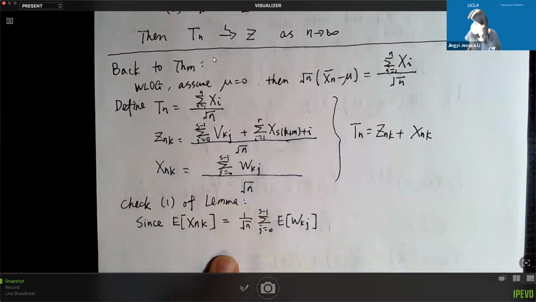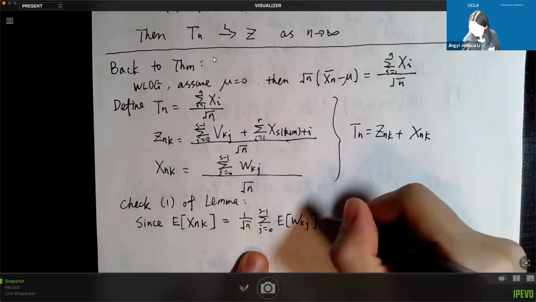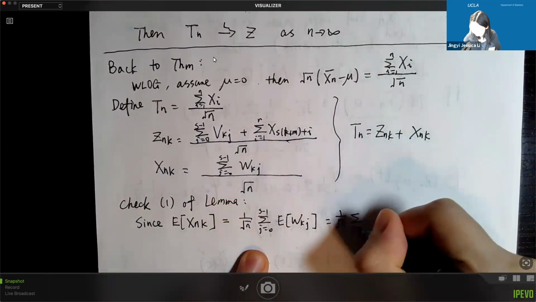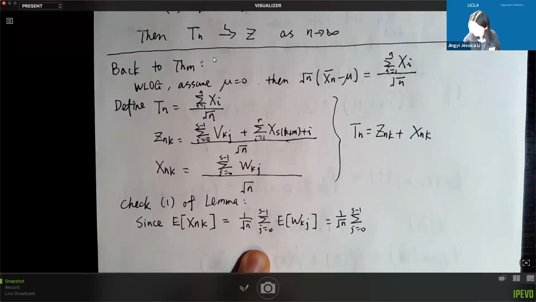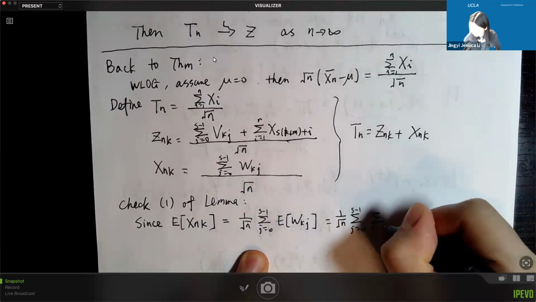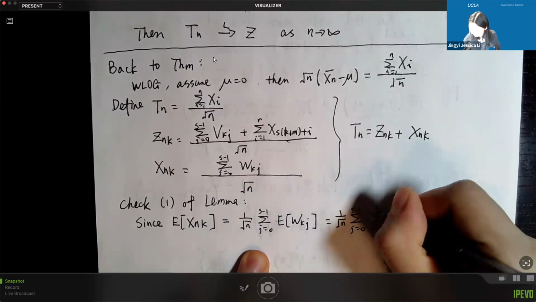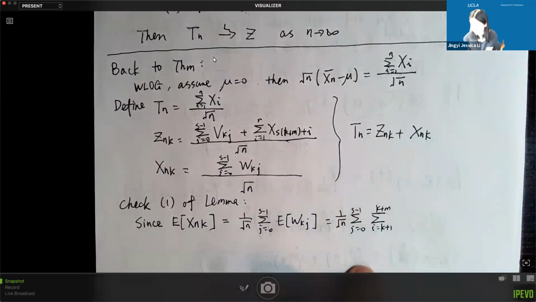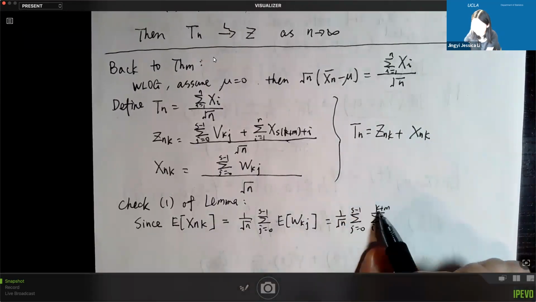And what's W_{kj}? It's a partial sum, so I can further write it with i going from k plus 1 to k plus m. It's the second half of the segment k plus m, where we are looking at the second half, which has length m.